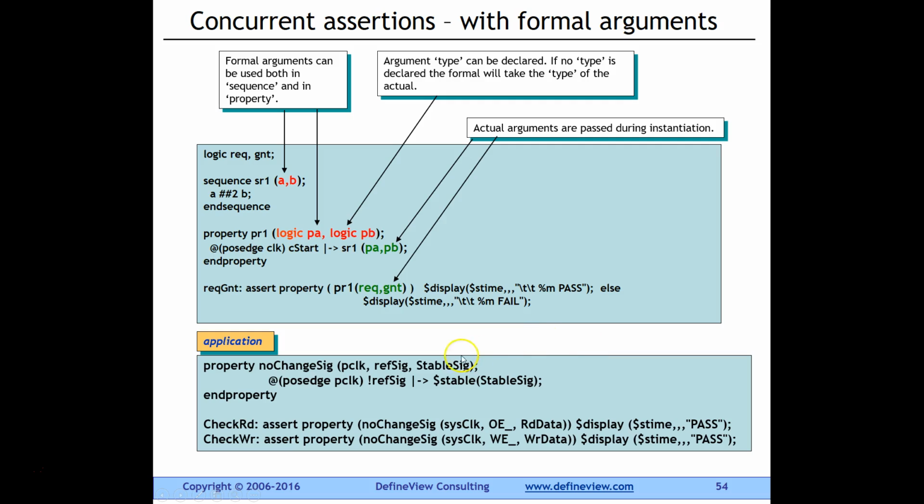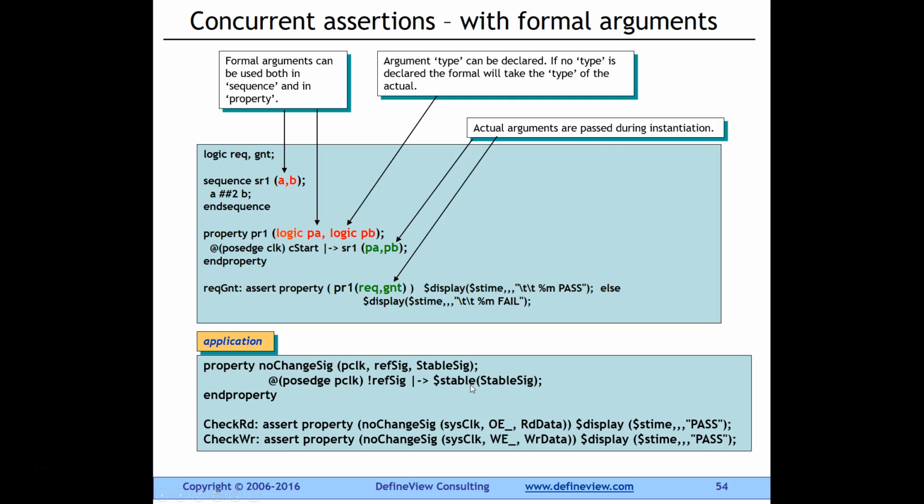So for example, I have this property called no change sig, which has three what I call parameters or formals: pclock, ref sig, and stable sig. What it says is at passage of clock, if ref sig is not asserted, then the stable sig should be stable.